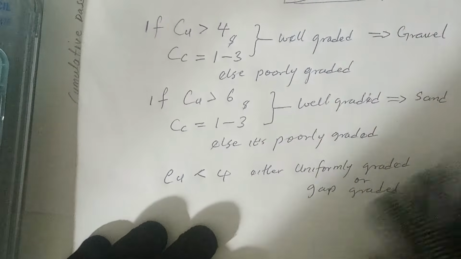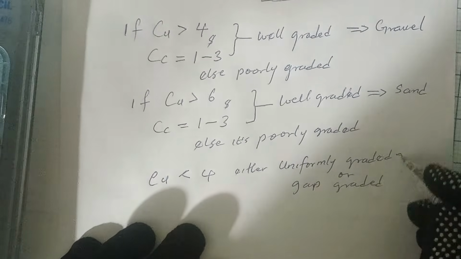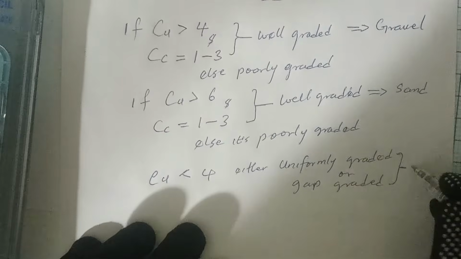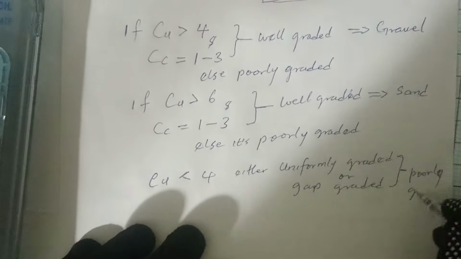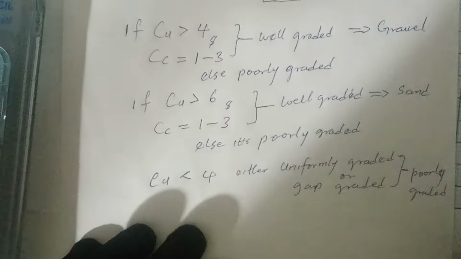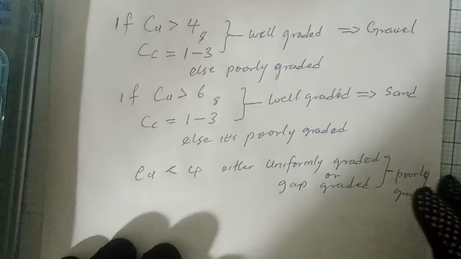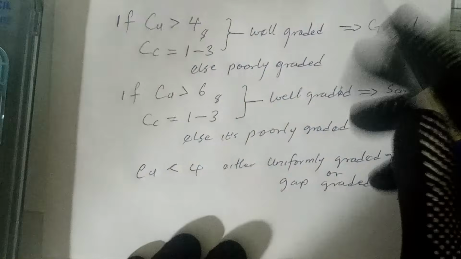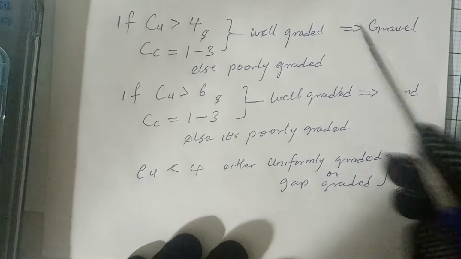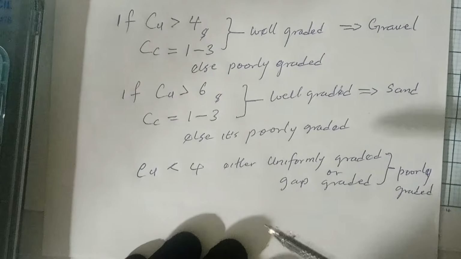Both uniformly graded and gap graded are classified as poorly graded. So in this case, based on what we calculated for CC and CU, we have a poorly graded sand.